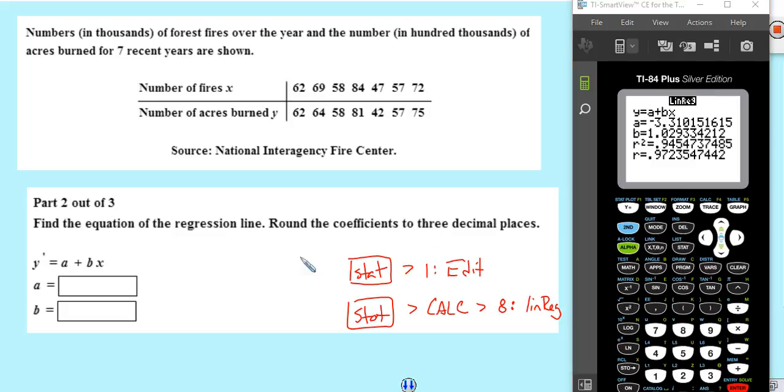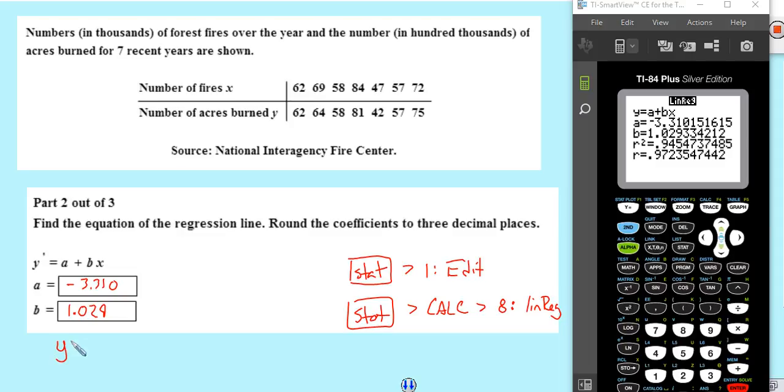So your a value is going to be negative 3.310. My b value will be 1.029.